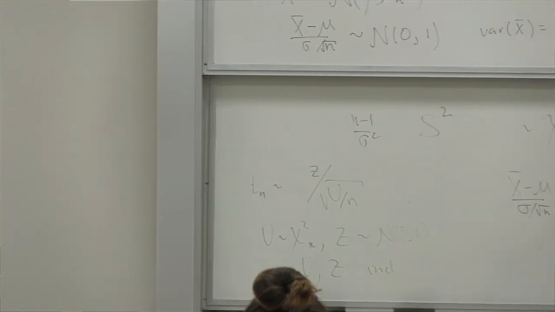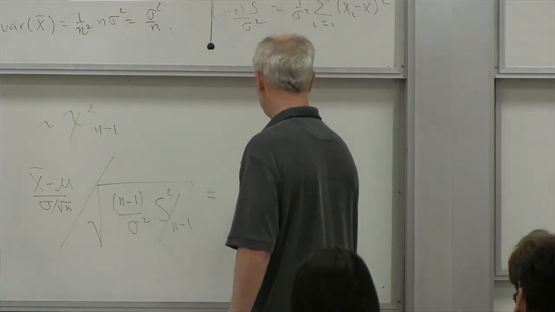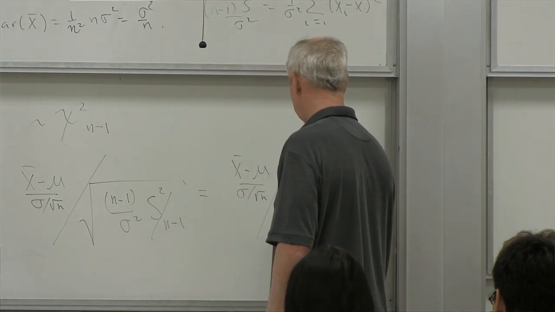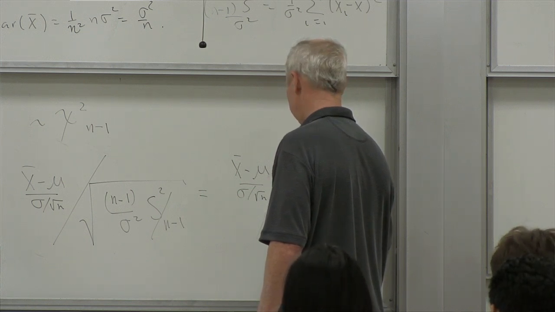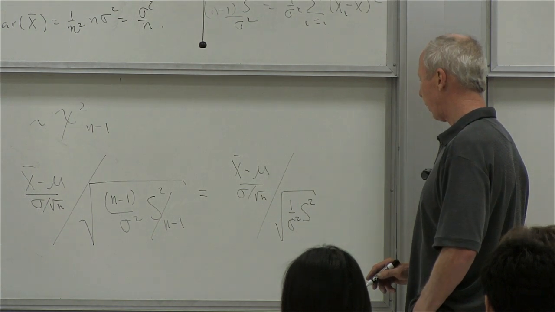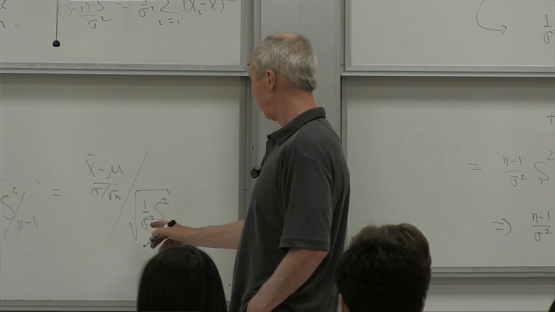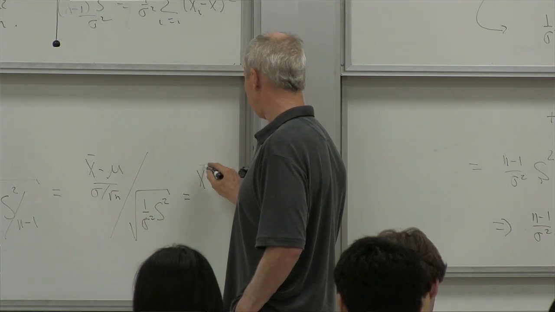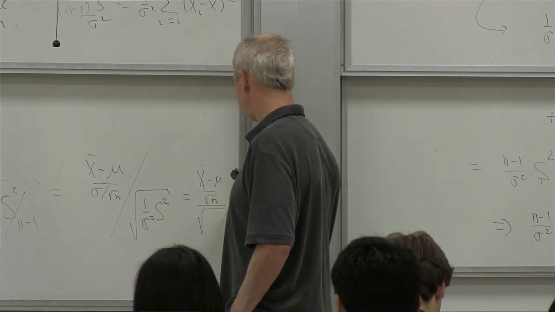If we simplify this, it becomes x bar minus mu over sigma divided by root n, and we divide by the square root of this thing. And now, can we get rid of the sigma squared? Yeah, the sigma squareds cancel. So we get x bar minus mu over root n divided by the square root of s squared.